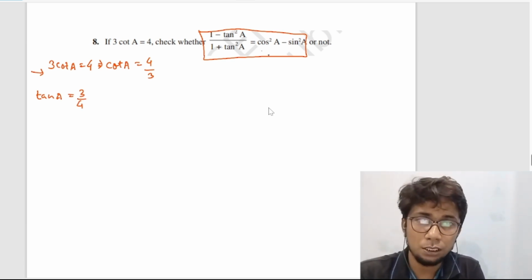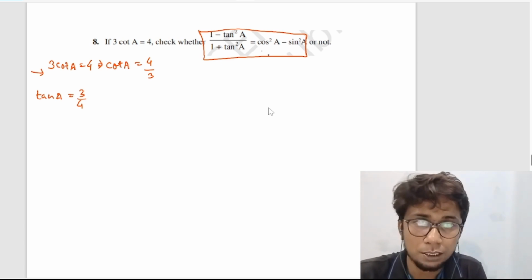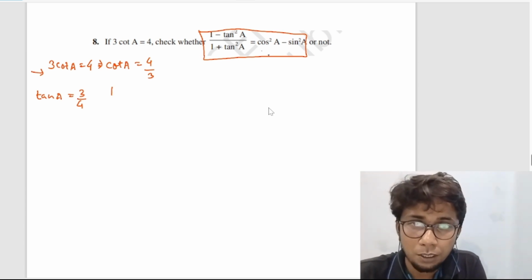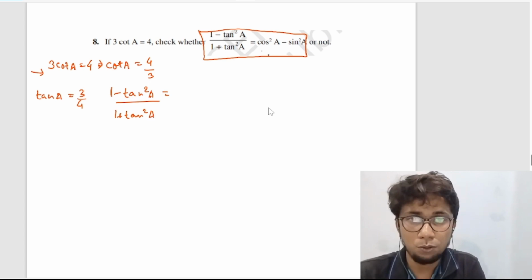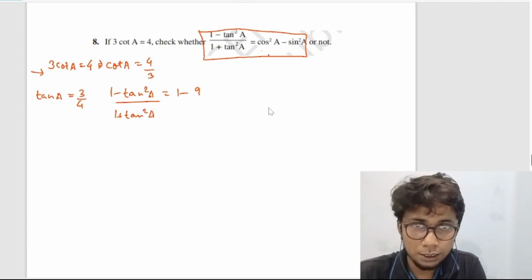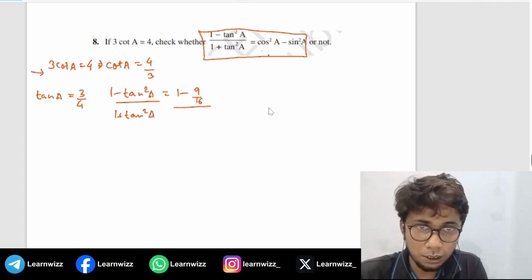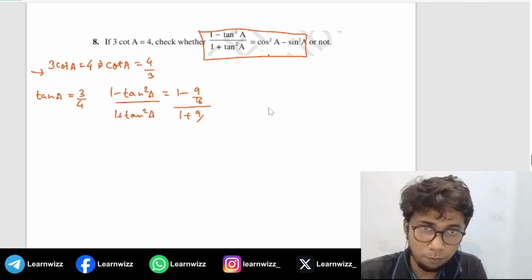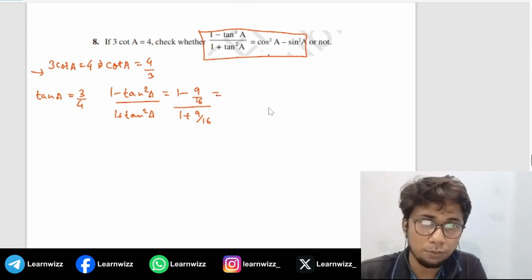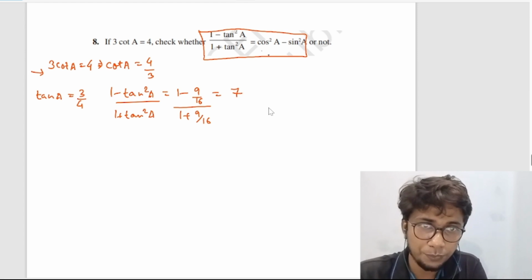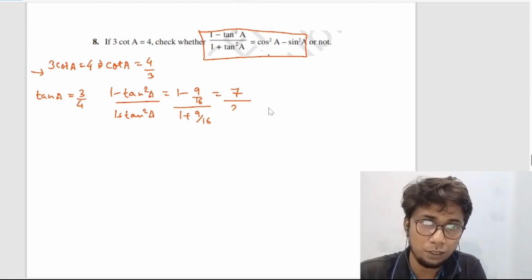Now simply put it in this expression, that is 1 minus tan square A upon 1 plus tan square A. What will it give you? 1 minus 9 upon 16 by 1 plus 9 upon 16. If you simplify it, this is 16 minus 9, 7 upon 16. Then this is 25. Fine.